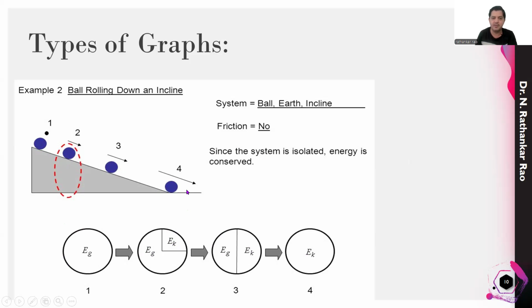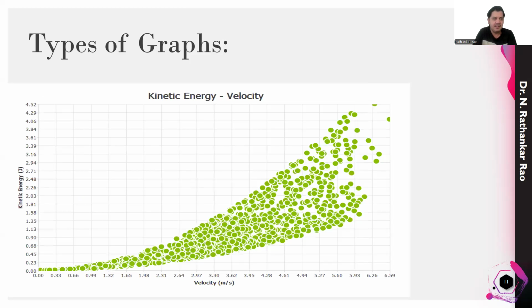And in the last one, there's no GPE; all of it has been converted into kinetic energy, right? So very simply, the transformation between GPE and kinetic energy has been very clearly explained. So these kinds of graphs are very useful. You should know how to interpret them. That's very, very important.